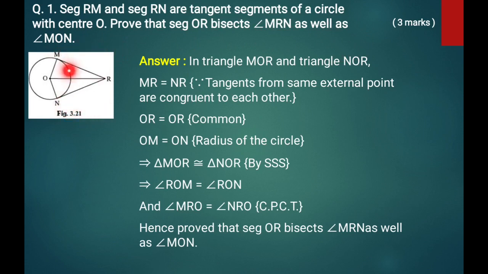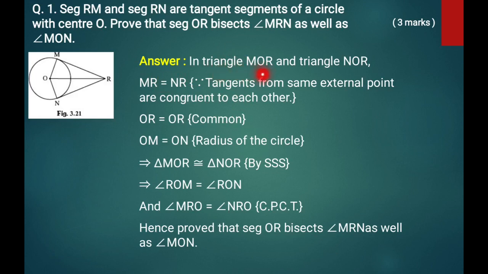So here we have to show this seg OR bisects angle MRN as well as angle MON. That means this OR is angle bisector. So see the answer, how to write the answer.